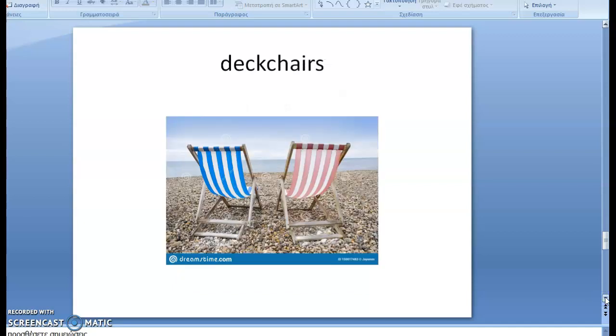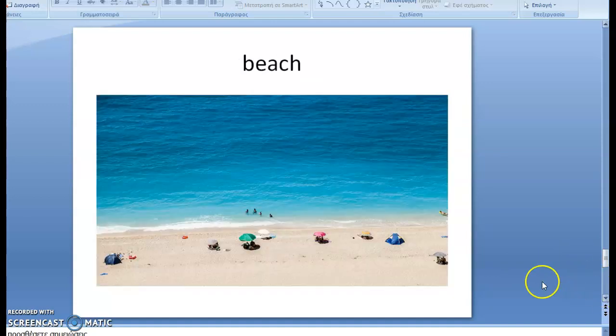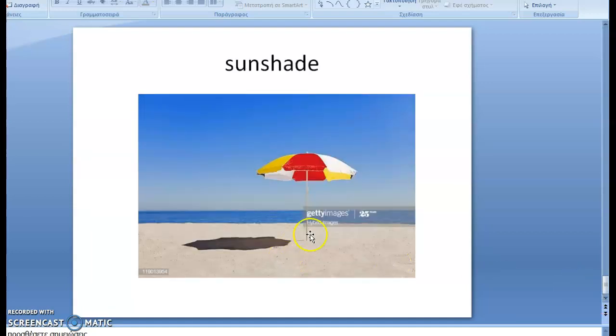Deck chairs, the chairs that we use on the beach. This is a beach. And sunshade, which is a type of umbrella that we use on the beach.